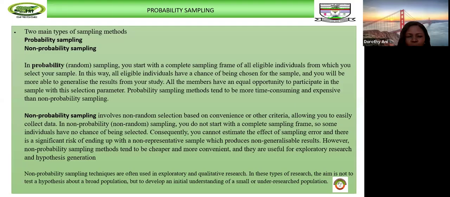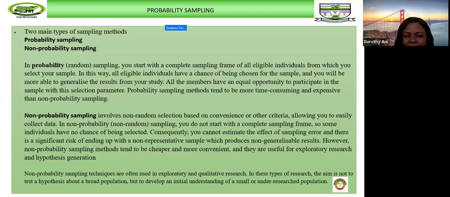So you will be more able to generalize the results from your study. So here, all the people in your sampling frame have equal opportunity to be chosen, equal opportunity to feature as your sample. So selection is more scientific. All the members have an equal opportunity to participate in the sample with this selection parameter.